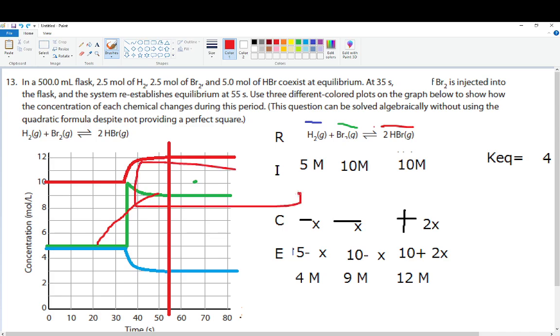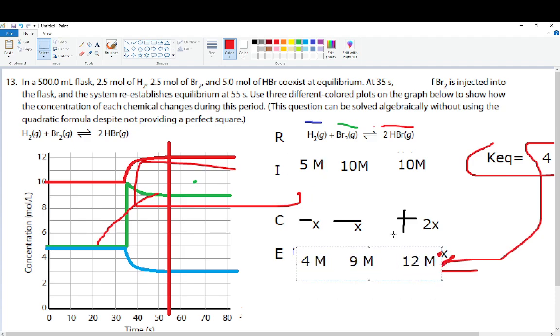This is a very important question in that you have to figure out your KEQ to then use it later on. Also keep in mind that they love mixing it up by telling you, for instance, the final amounts, but not telling you maybe how much was added. They'll just say a certain amount of BR2 was added.